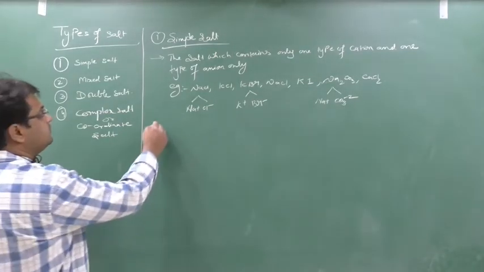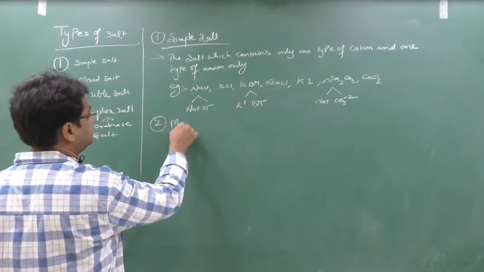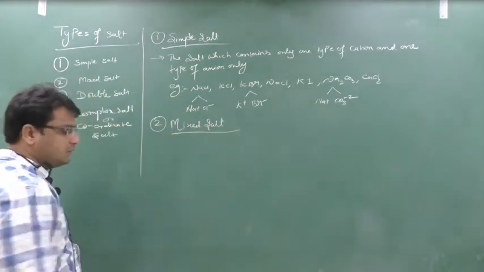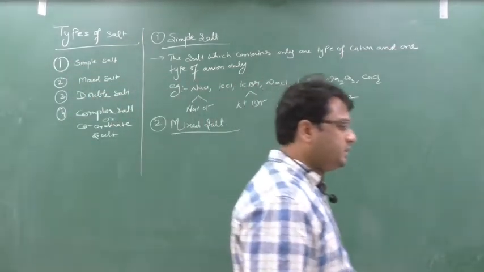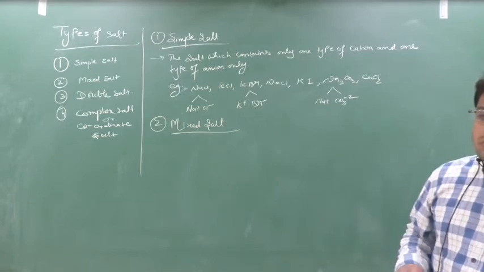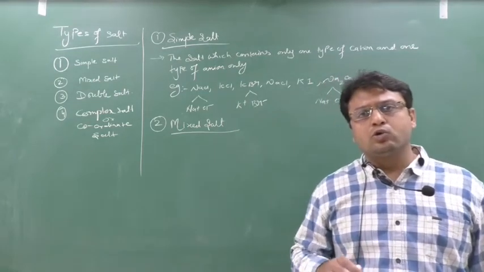Second category comes, that is mixed salt. Now what is the mixed salt? Mixed salts are ones in which there are either two or more cations or two or more anions.